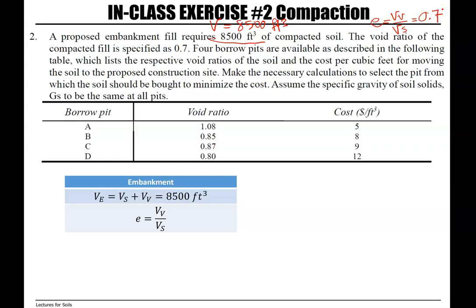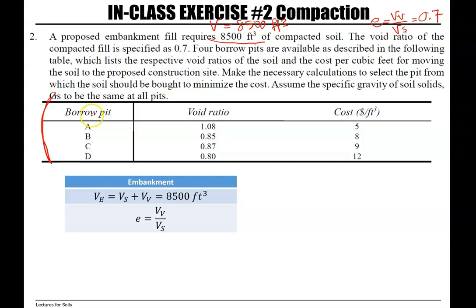So we want to compact soil for an embankment fill. The total volume of the compacted soil will be 8,500 cubic feet, and it will have a void ratio of 0.7. That's what we want. We have 4 borrow pits that are available with this information.